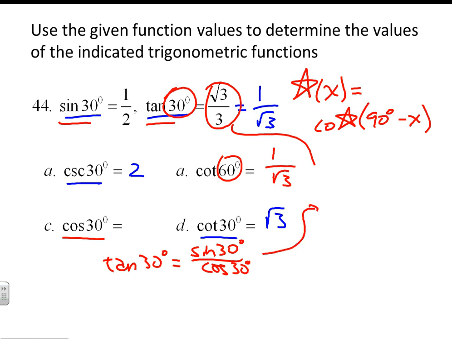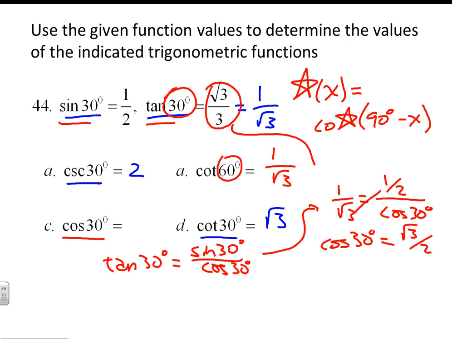Or tangent of 30, I'm going to call it 1 on root 3, equals sine of 30, 1/2, on cosine of 30. If I cross multiply, I get cosine of 30 degrees equals square root of 3 times 1/2, root 3 on 2. So cosine of 30, root 3 on 2. Probably easier just to draw the triangle, but they were really hoping for us to get this just through identity work.